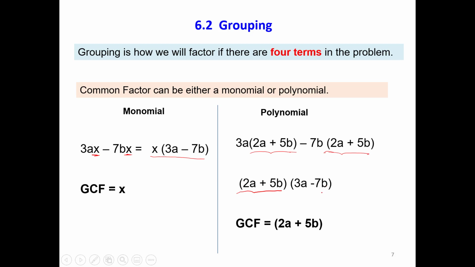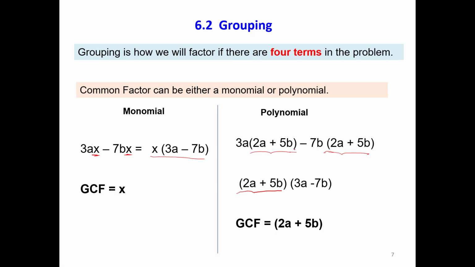And we know this is correct, because if you multiply this one times this one, you will get the same thing we had in the problem: 3a times this one equals this one, minus 7b times this one, we will get this one. Then in this case, the greatest common factor is a polynomial, it's not a monomial.